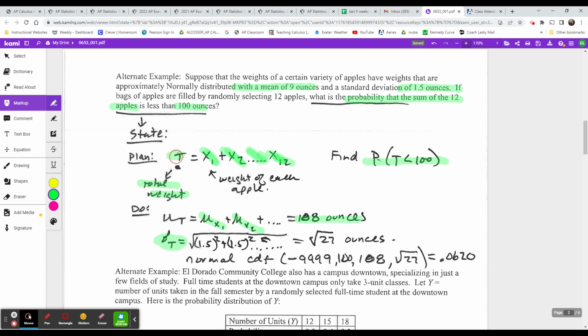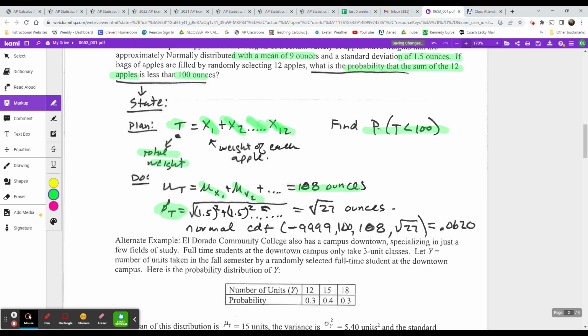So we have to find the total distribution, which means we do 1.5 squared plus 1.5 squared plus 1.5 squared, and that gives us the square root of 27. Since we want less than, we've got our boundary on the left side. We put 100 as the upper bound, 108 as mu, and the standard deviation is the square root of 27, and that gives us a value of 6.2%, or 0.0621.